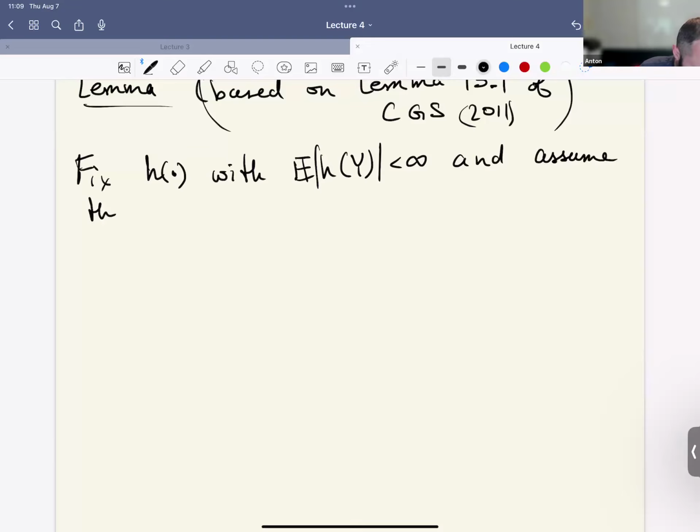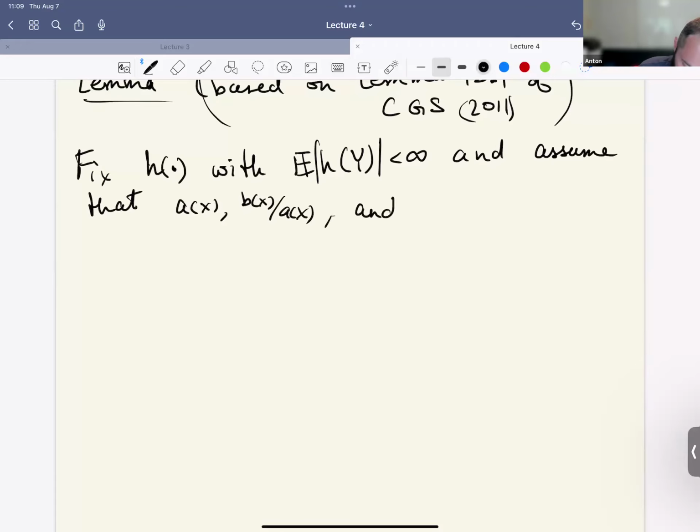Assume that a of x and h of x are absolutely continuous.